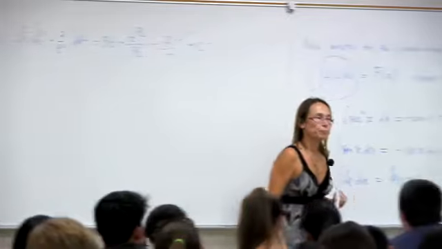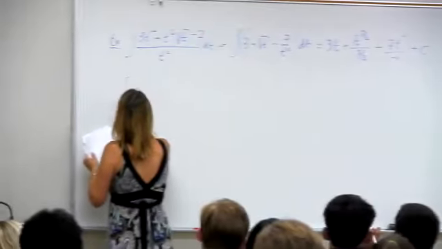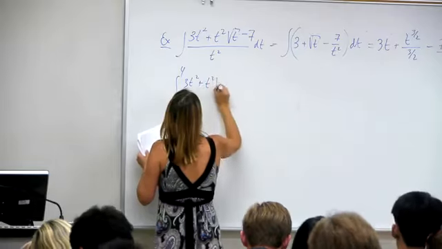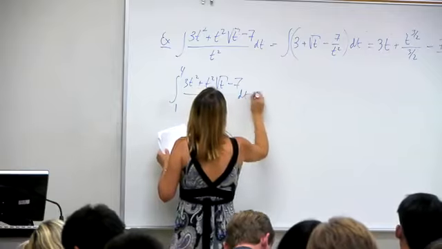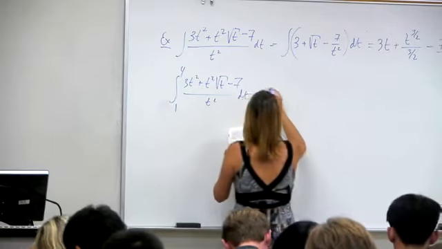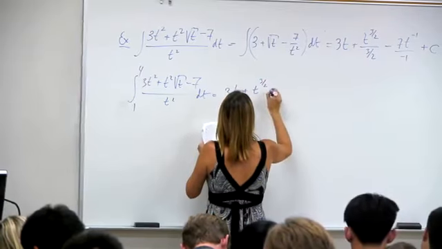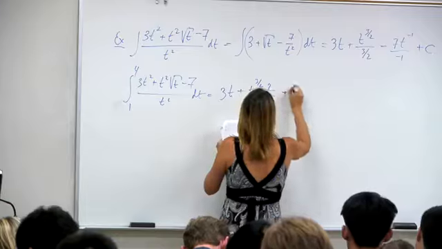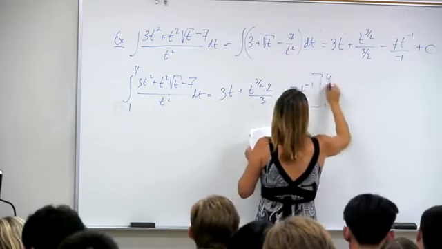Now I can use this to evaluate the definite integral from 1 to 4 of the same thing. So I rewrite the answer there. Plus 7t to the minus 1 from 1 to 4.